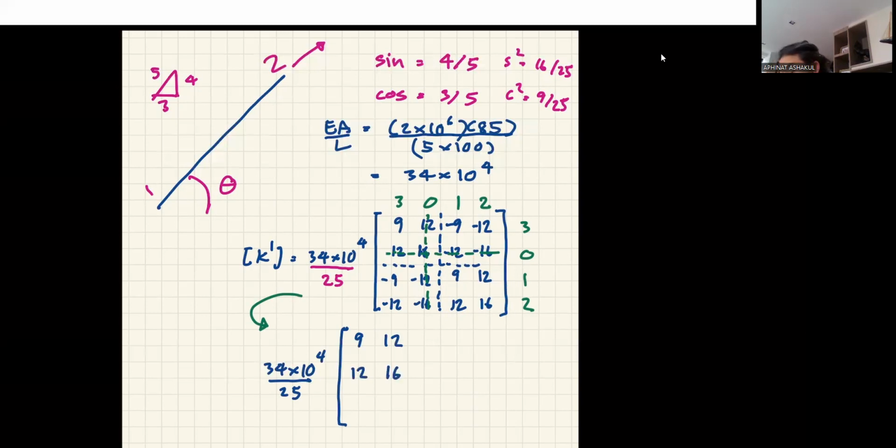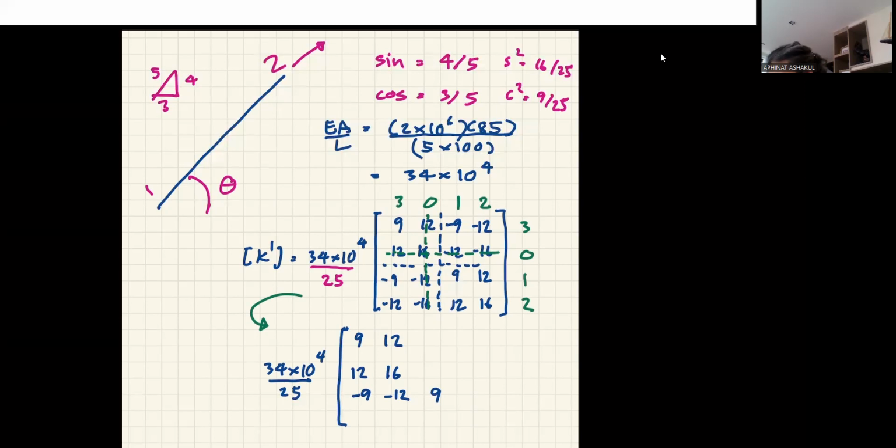And then you can look at this is row 3. That's 1, that's 2, and that's 3. So it's minus 9, minus 12, and then 9. But I forgot this as well. So let's go back.